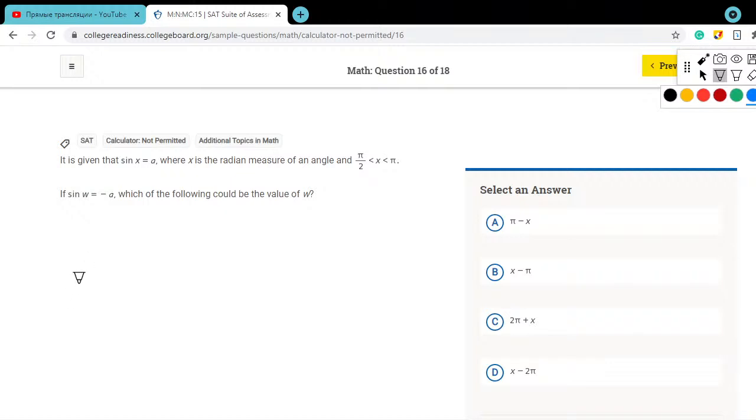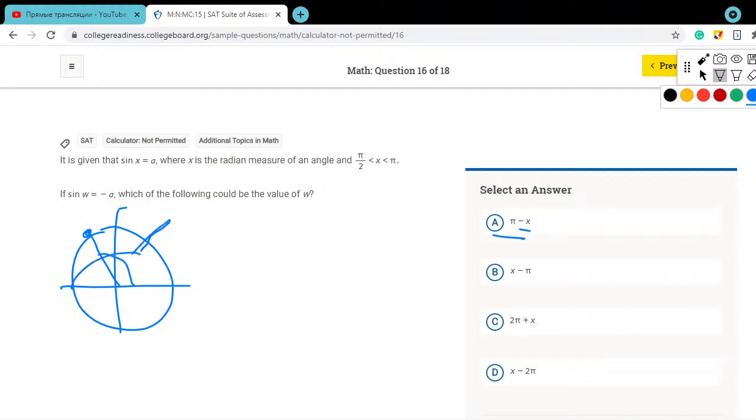It's just minus a, so we know it was here. If we use pi minus x, it's just add here, come up to here, and it's the same sine as sine x. But if you use x minus pi, you come here, and this is minus a.